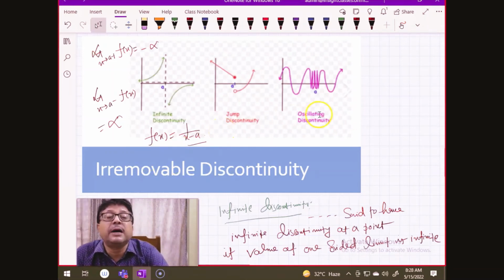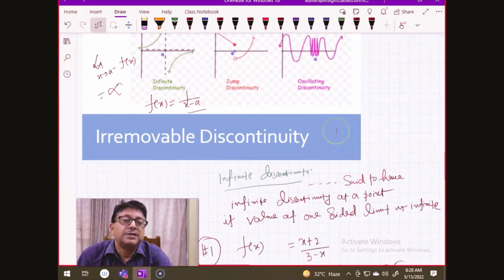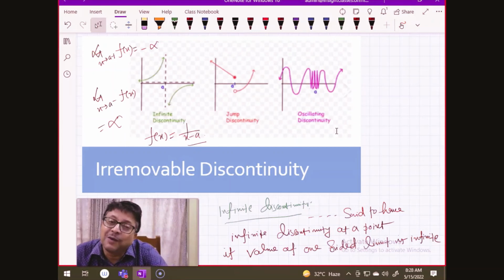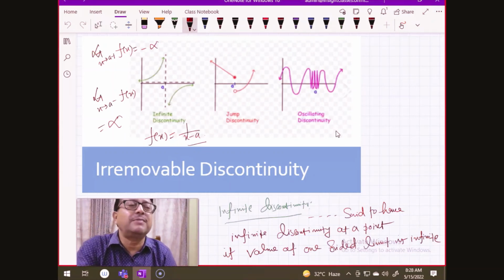Let us know what is jump discontinuity. Jump discontinuity is a very interesting topic in mathematics because they ask you to calculate the jump of a function. What is that? Jump of a function. Just let me take one example. Not exactly this function I am trying to take.